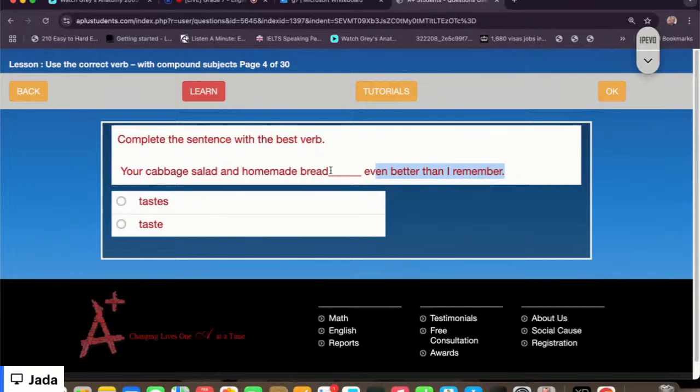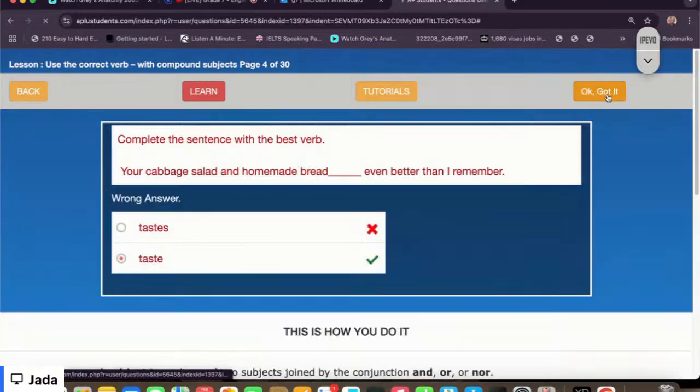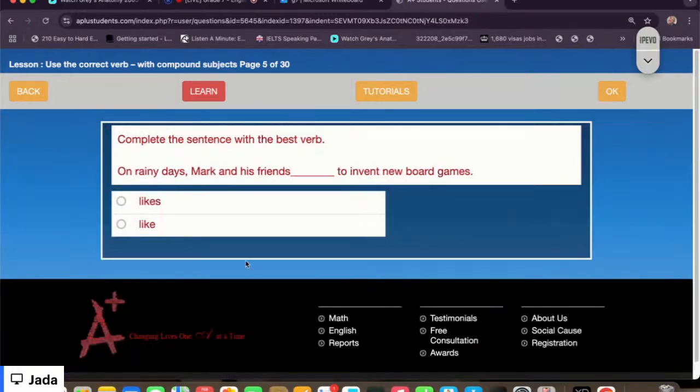All right, so bread here is what? Okay. So on rainy days, Mac and his friends dash to invent new board games. What is the right one here?